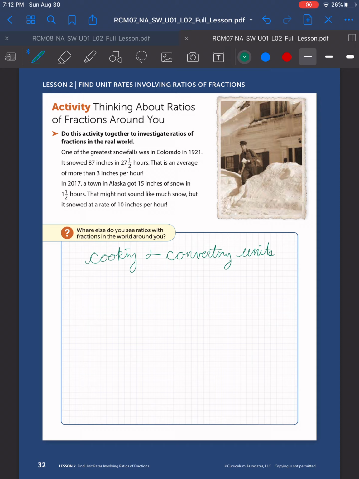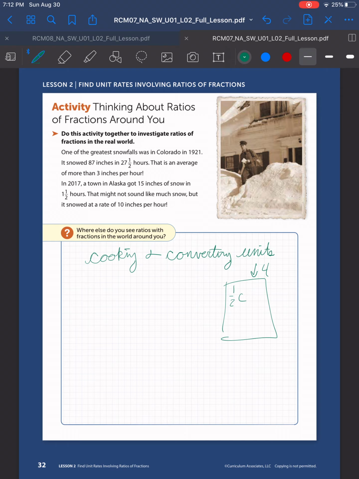That's like saying if I had a recipe that said it takes 1/2 cup of sugar, and this recipe only makes 4 of something, but I want to feed my family of 8 or whatever, I would double it, right? And so I'd be using ratios and fractions to convert units and to double things, or something like that.